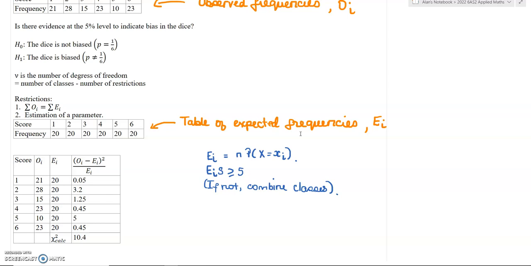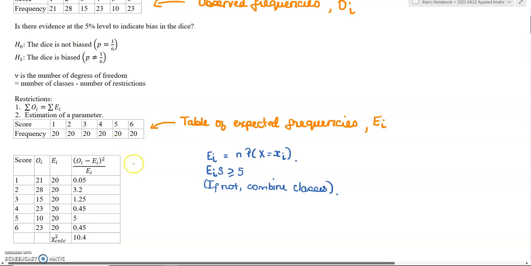If not, then we have to combine classes. Since all our expected frequencies are greater than 5, we do not need to combine classes in this case.